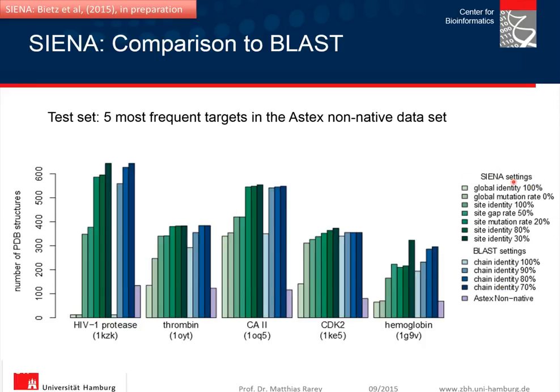We can, of course, also make a global identity search and ask for 100% sequence identity. But we could also focus much stronger on the binding site. We can say we don't care about the whole identity. We want to have 100% sequence identity in the binding site. We can control the mutation rate, for example, in the binding site and allow a certain number of mutations, which might make sense.